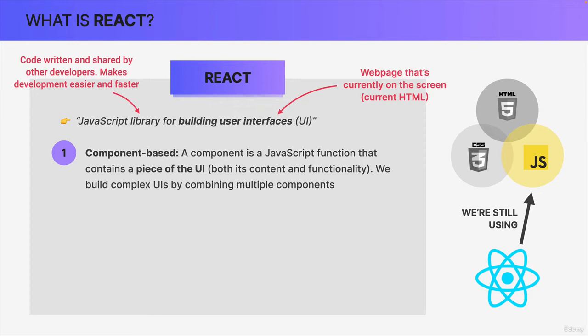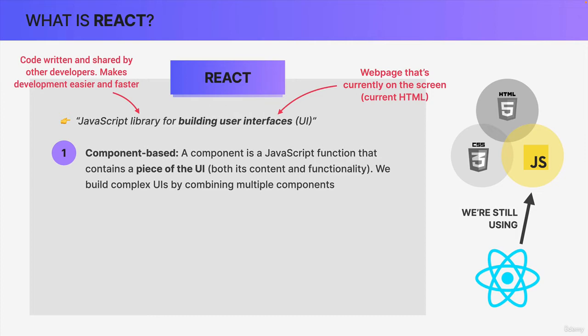Now, in React, a component is simply a JavaScript function that contains a piece of the user interface. And a component actually contains both the content of that piece of UI, so basically some HTML, and also the functionality, so things like dynamic effects. Then, in order to build a complete and complex user interface, we simply combine many components into one application.